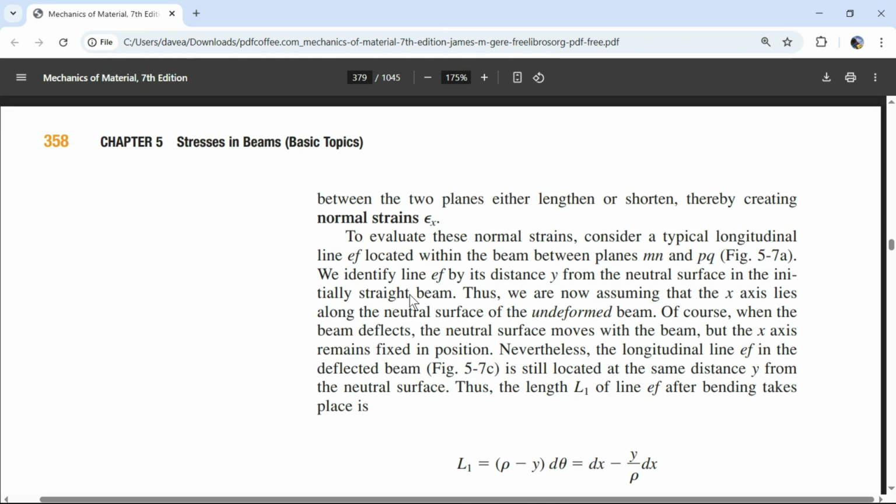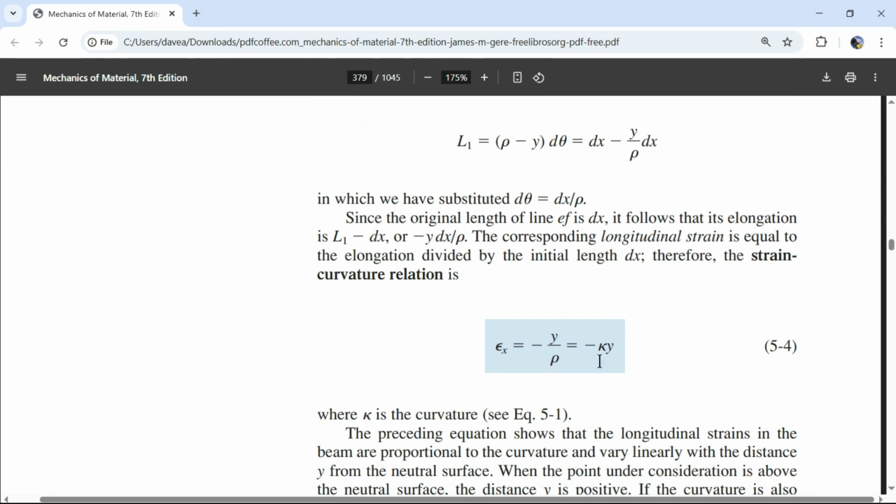That's the whole reason we're trying to get this relationship with strain, because then we'll just be like, cool, we know the strain, therefore we know the pressures, because we pull on materials and we see that they change in length, and those changes in length are associated with pressures. And I just say general change in length, but we know now that it has to be a fractional change in length.